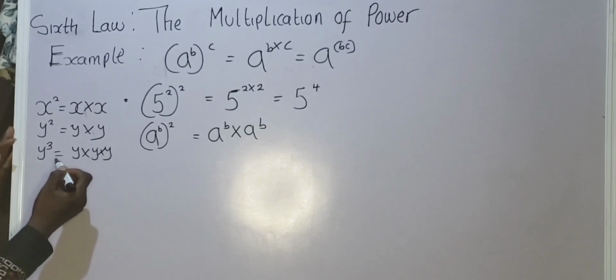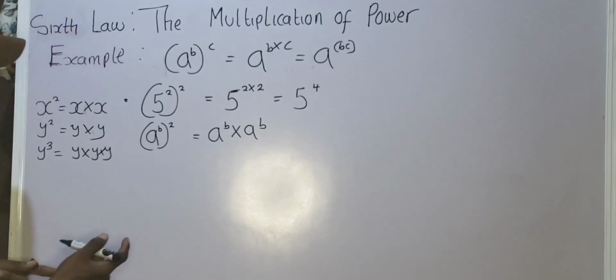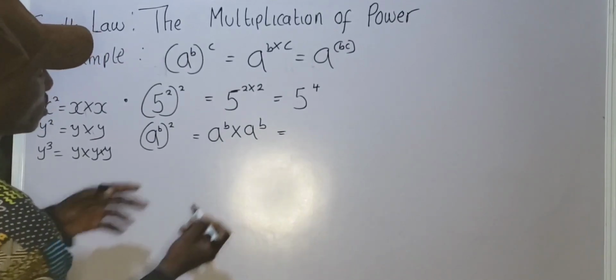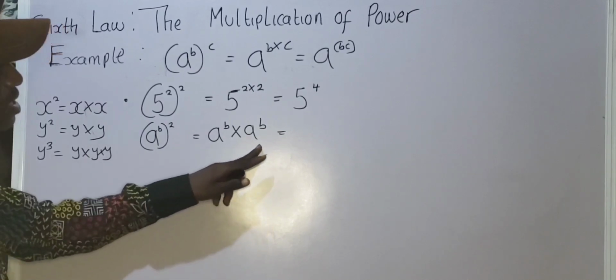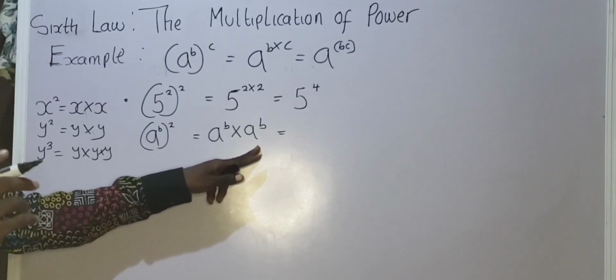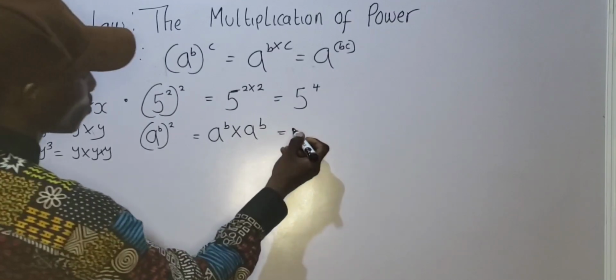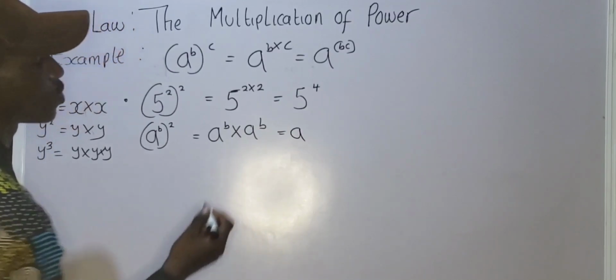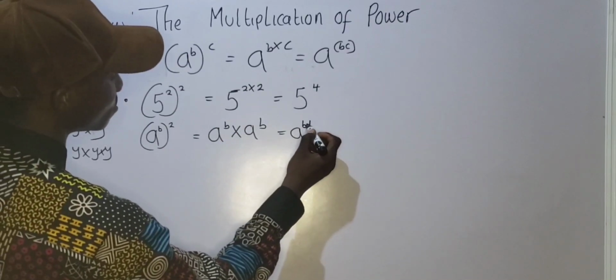Do you understand? So, now let's proceed. If I want to proceed with this expression, I'm going to take one base according to the laws of indices, the multiplication rule. I'm going to take one base, then I'm going to add the power. So I'm going to have b plus b.